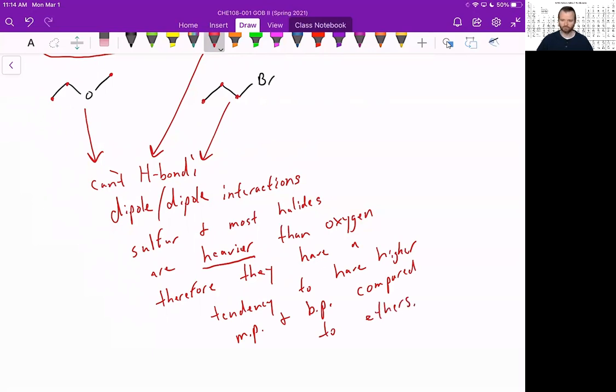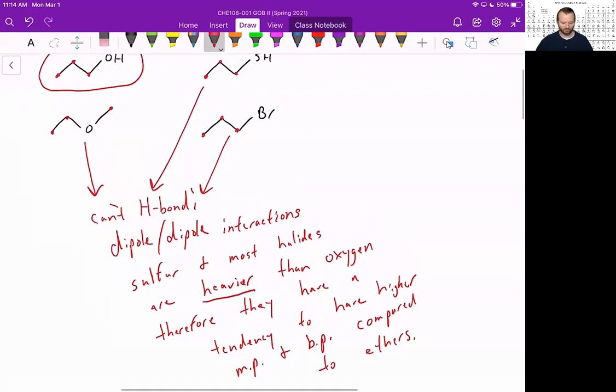Bromine is a very heavy atom. Chlorine is twice as heavy as oxygen if you look back at the periodic table. Sulfur is exactly twice as heavy as oxygen. It's got a molar mass of around 32 grams per mole versus oxygen 16. So they're heavier. That would give them stronger London forces as well.